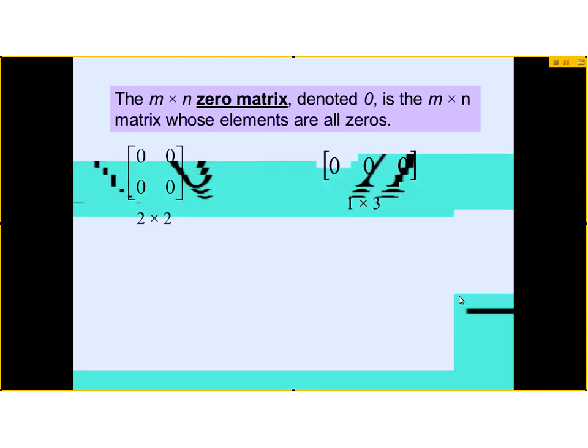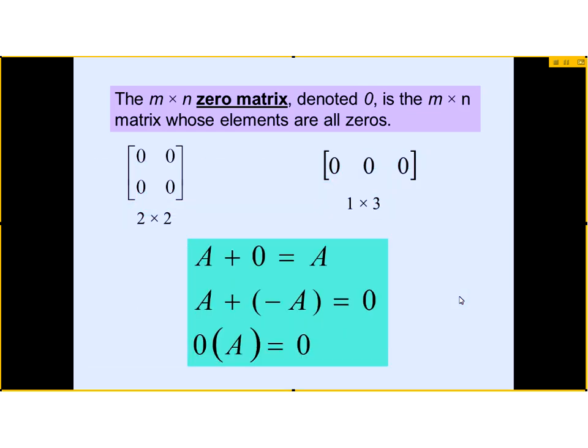Now another example, this is the law. If we add the zero matrix to any matrix, then we get the same matrix: A plus 0 is equal to A, as this law holds in normal algebra. Also A plus minus A is equal to 0.